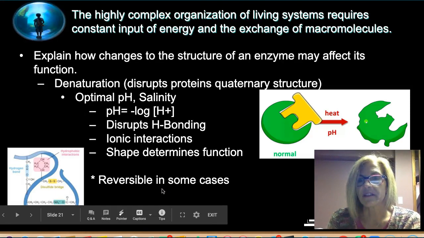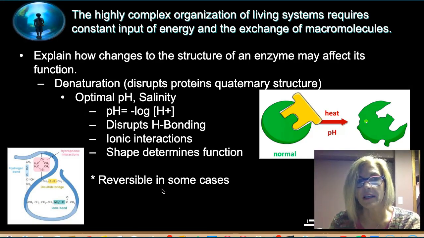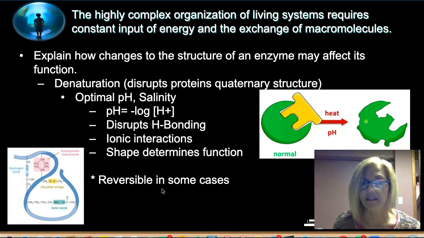Explain how changes in the structure of the enzyme may affect its function. When you're talking about changes in structure, you're probably thinking right away about denaturation. We've talked about how temperature, pH, and salinity can affect the tertiary and quaternary levels of proteins. Since enzymes are proteins, anything that disrupts a protein will disrupt an enzyme.